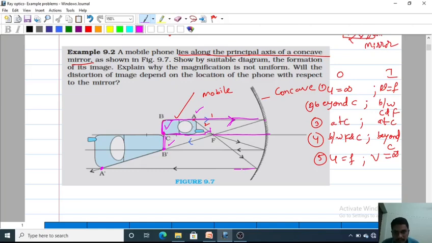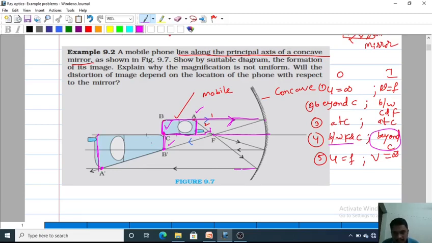Okay, but this portion is in between C and F. When you place an object in between C and F, you will get the image of that object beyond the center of curvature. So this is a portion of the object between center of curvature and focus. The magnified image of this portion is obtained here.